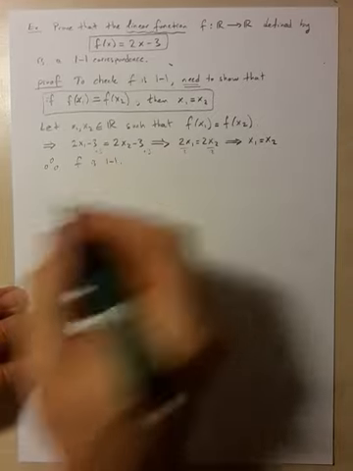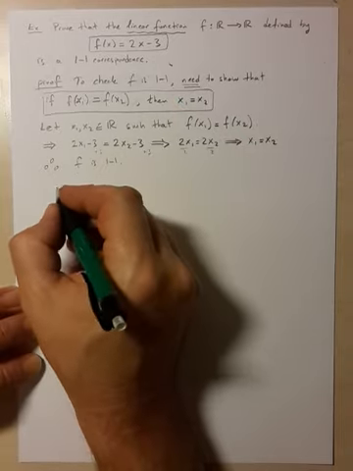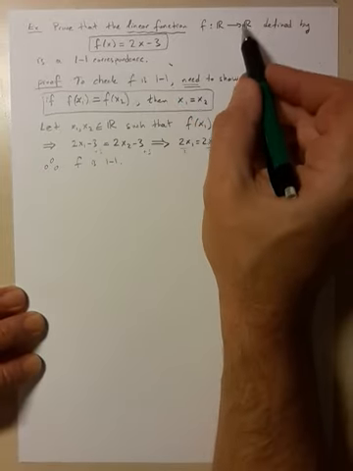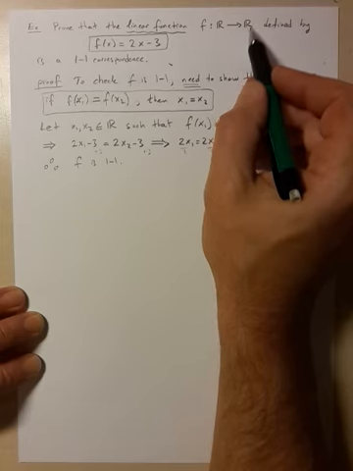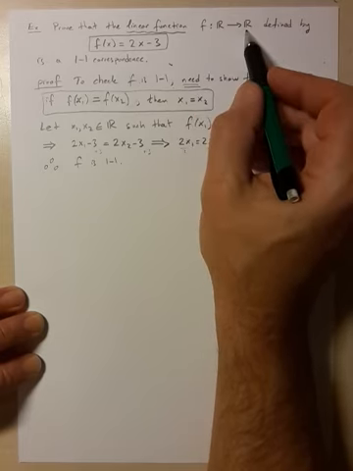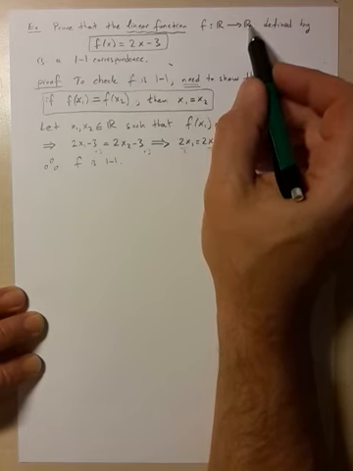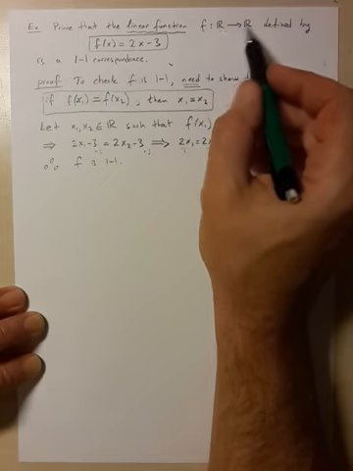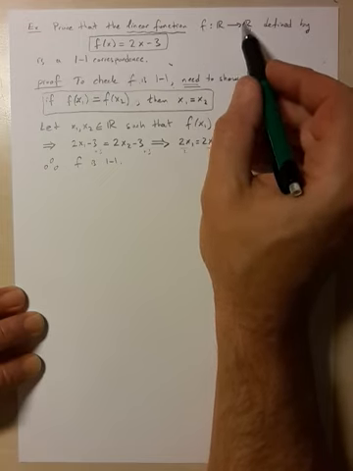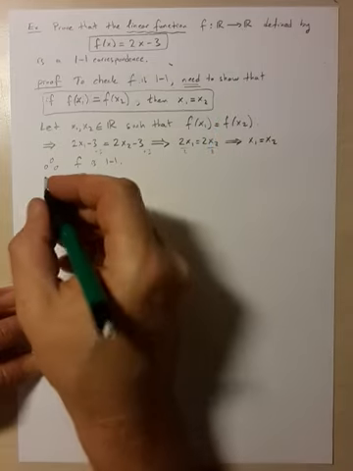To check f is onto, right? F is onto means, considering this codomain, we claim that the image of f is equal to the whole of the real numbers. This is what we need to show.